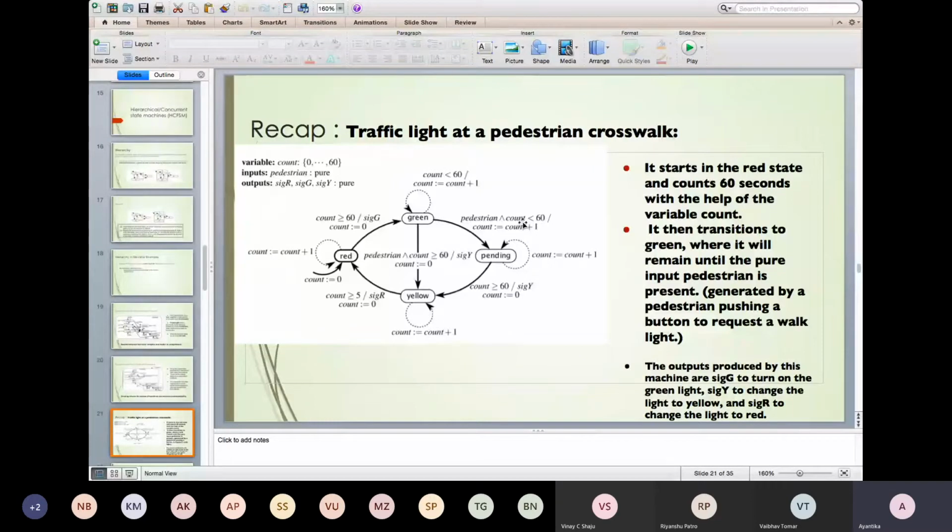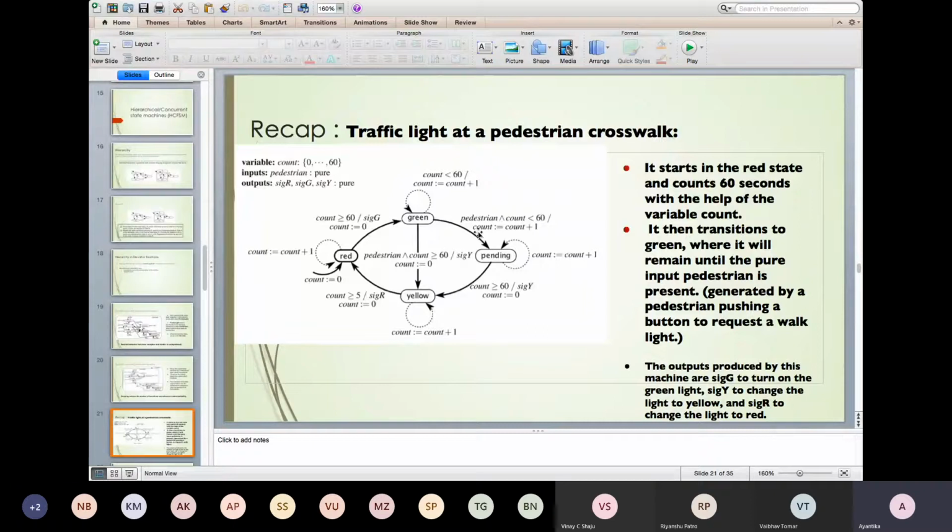In the green state, if it has already covered 60 counts and the pedestrian comes, then the green state will move to the yellow state. If not, the green will move to this pending state, where it will complete its count up to 60.